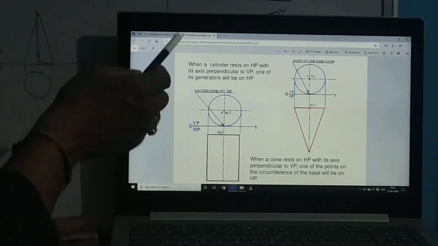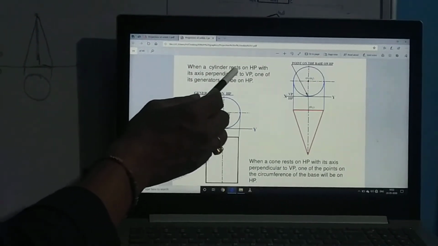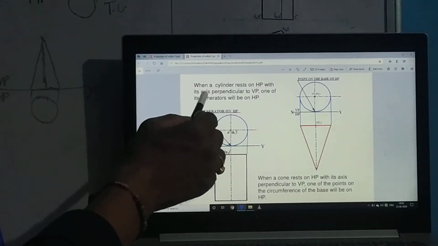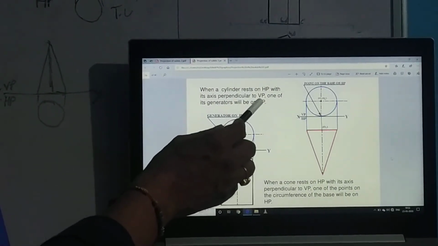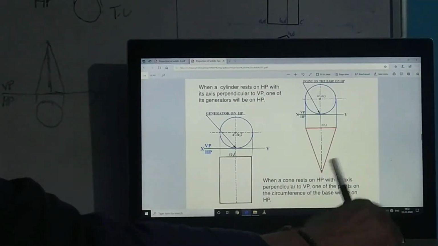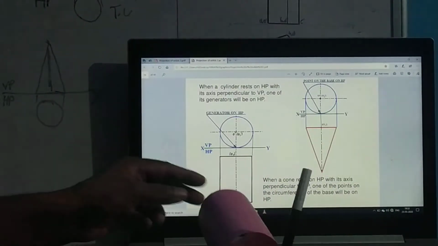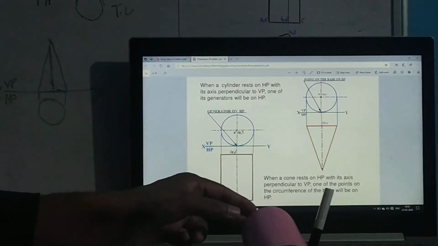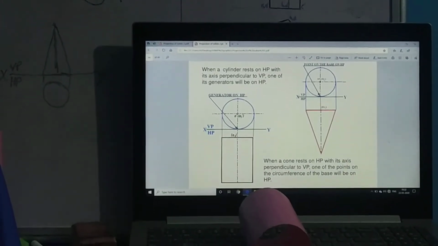Here the second question may be considered. When a cylinder rests on HP with its axis perpendicular to VP, one of its generators will be on HP. If the solid is placed like this, this is the condition.